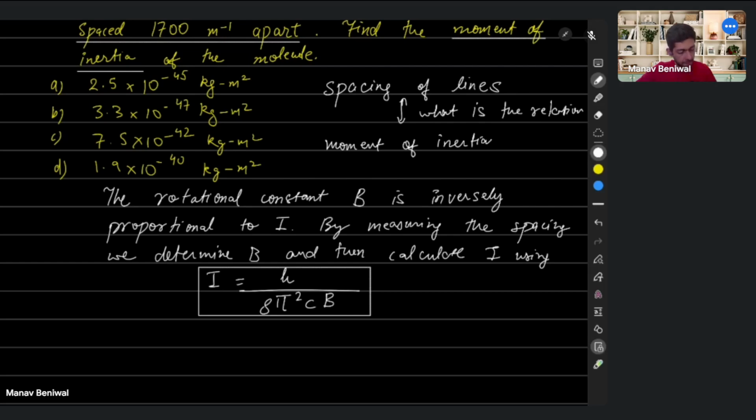Now the other thing to notice, the spacing between rotational lines is equal to 2B.